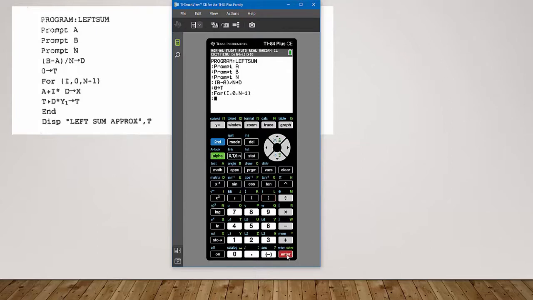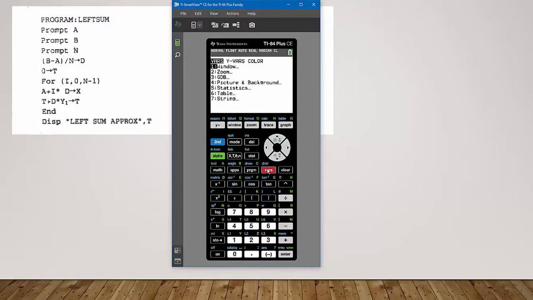And the next line is A plus I times D. There's no space between the multiplication and the D. I don't know why the typesetting showed that. So A plus I times D, that gets sent to X. And then T plus D times Y sub 1.